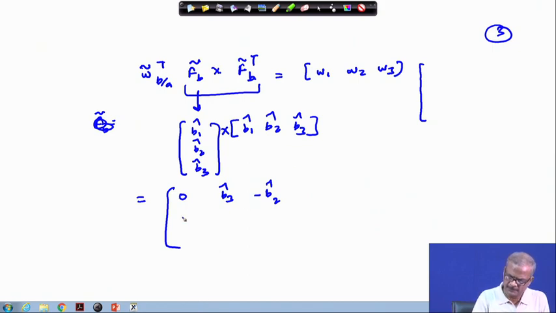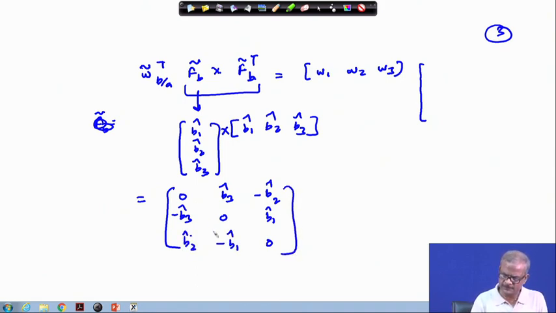So, if you keep multiplying, this is what you are going to get, this is a skew symmetric matrix. The second row third term, this is b 2 times b 3 equal to b 1 cap. Okay. So, here this will be minus b 1 cap, and in this place b 2 cap. Remember in a skew symmetric matrix, in any column or any row only one minus sign will be there, and the other will be plus, and obviously there is 0 all the way along the diagonal if you look.